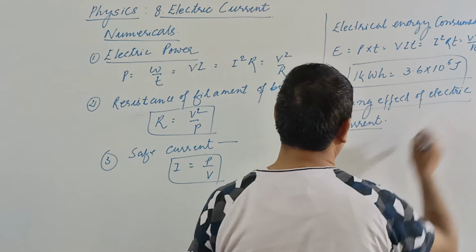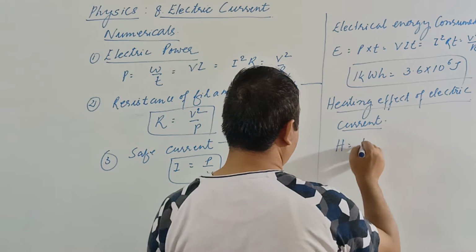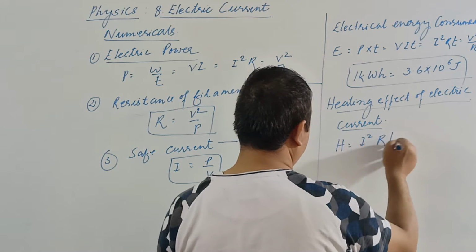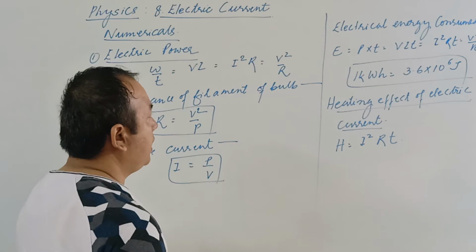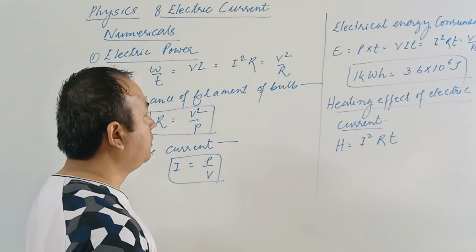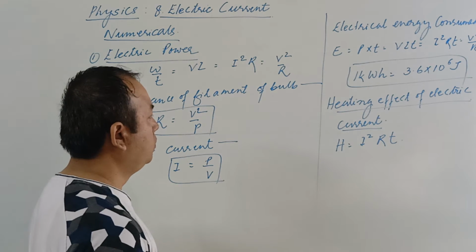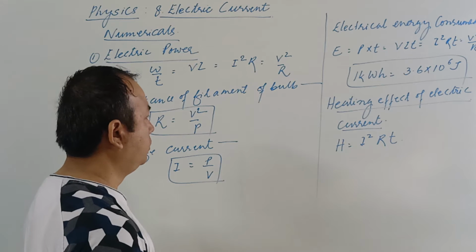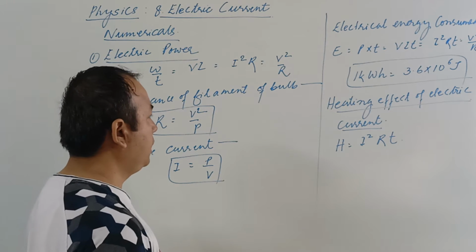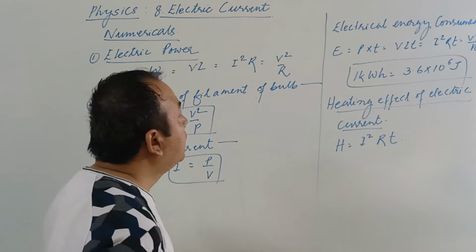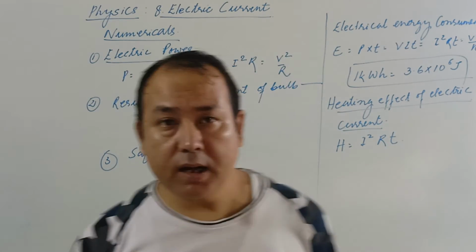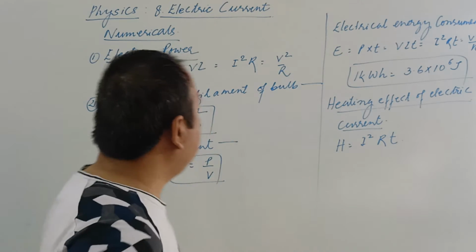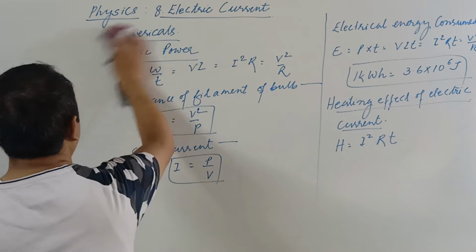In this case, we have H is equal to I square RT. So these are the formulae to be used here. Now we'll start the numericals based on all these formulae.